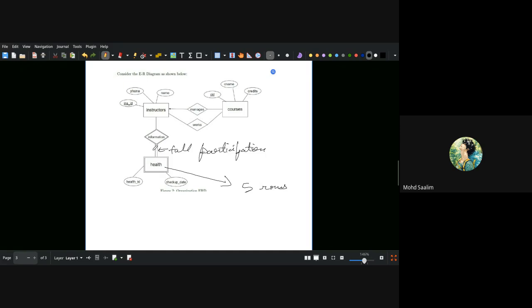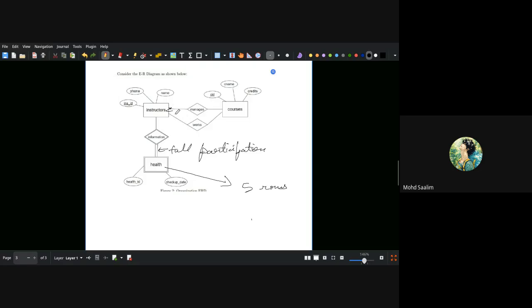If it is a many to many relationship, maybe this row can participate in this relationship multiple times. But the guarantee is that all 5 rows must participate in this relationship at least once. This is the meaning of full participation.